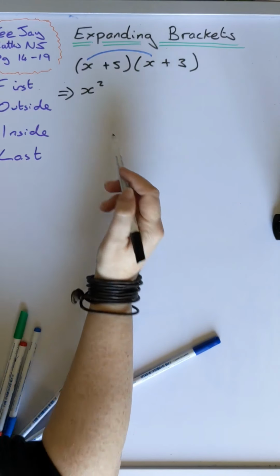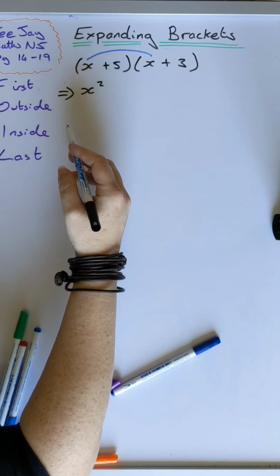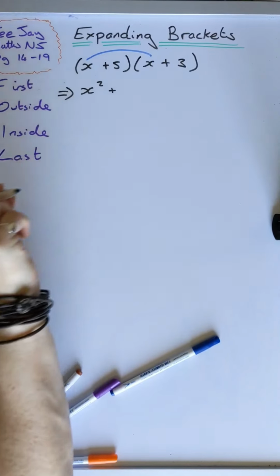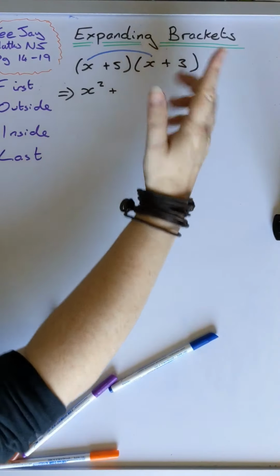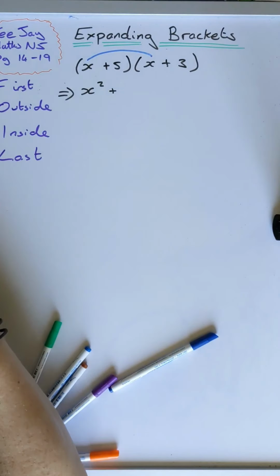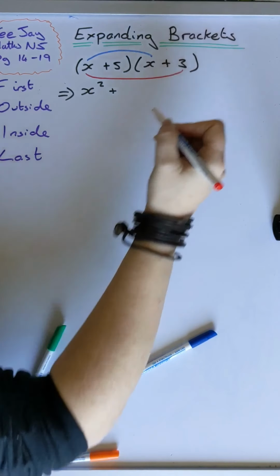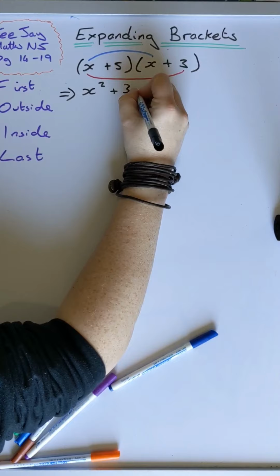I could technically use an equals sign here, but I prefer to use the becomes arrow. And then we're going to do outside. Because I've got pluses on both, I know all my answers are going to be plus. So outside, x times 3, which gets me 3x.